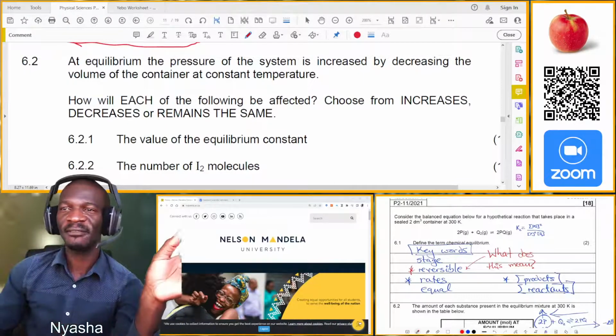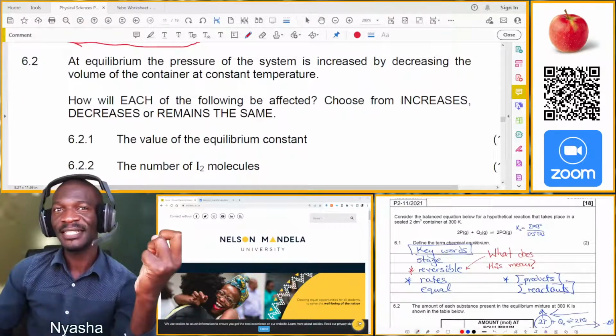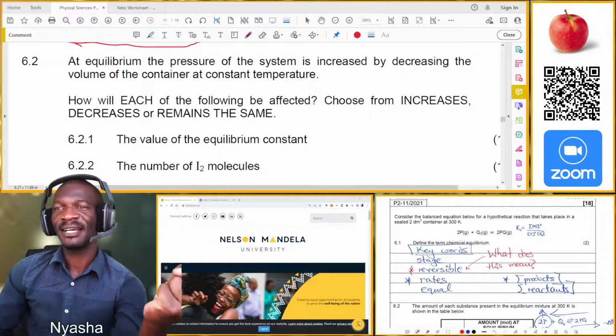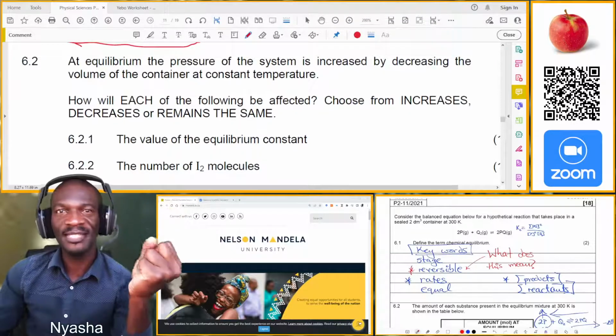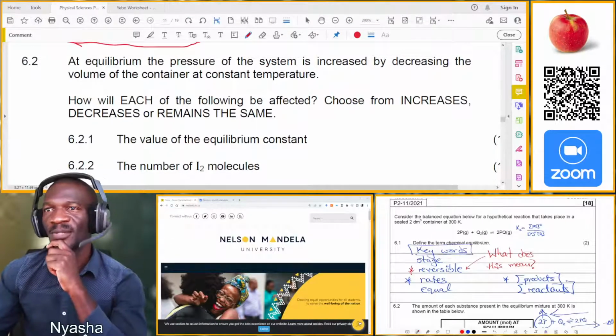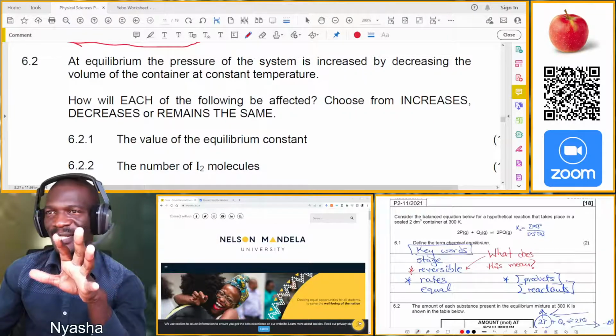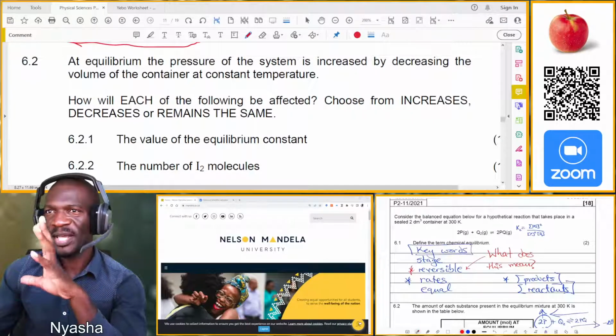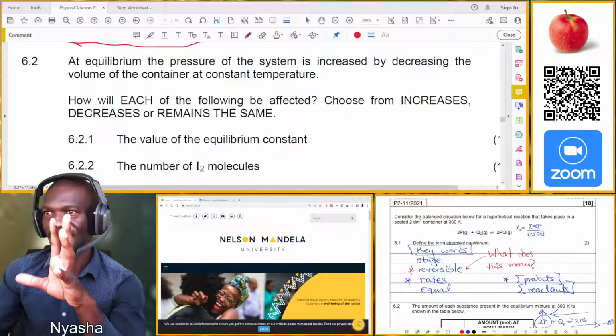So when it is favored, then that increment in heat is cancelled out because the heat is actually used up in the endothermic reaction. So this is the same, right? This is the same.